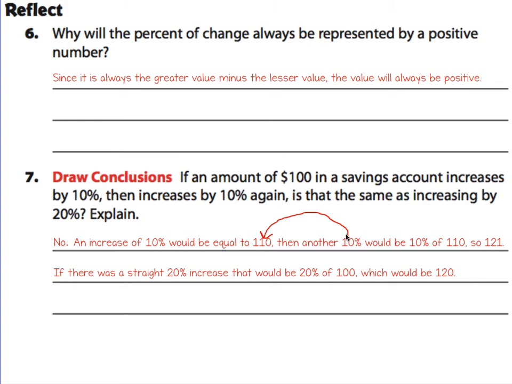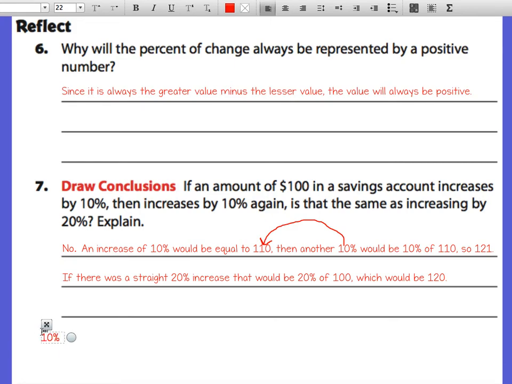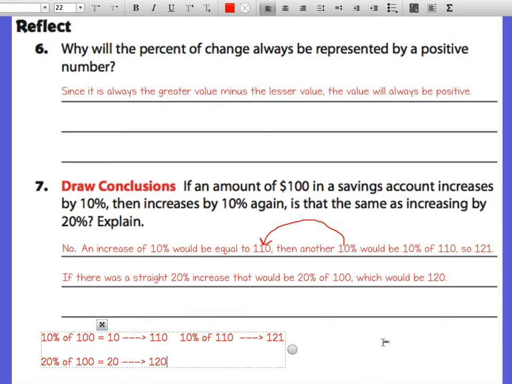So this took 10% of 100, which is 10, and added that, which gave you the 110, and then it took 10% of the 110, and that gave you the 121. 20% would have just come from the 100, and that would have been 20, and that would have just given you the 120.